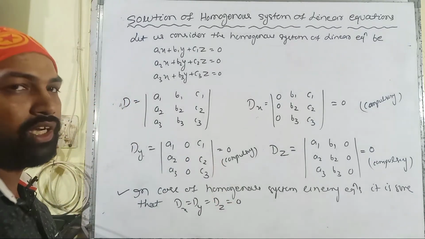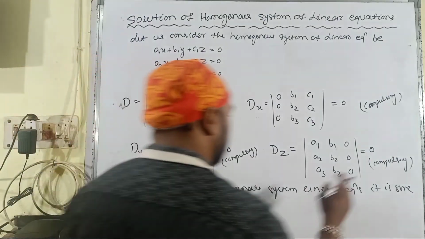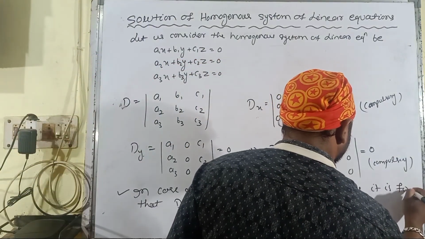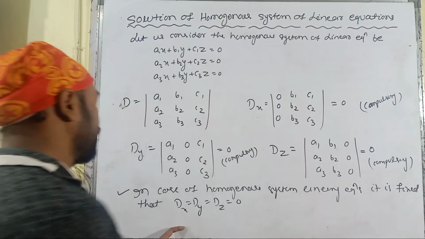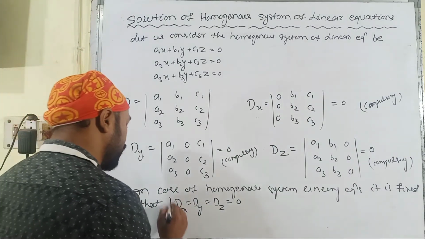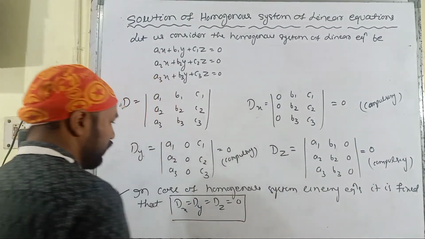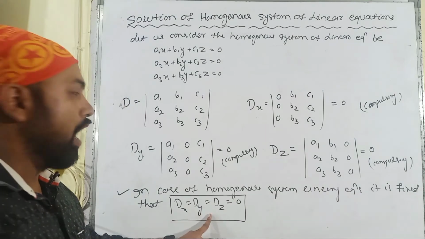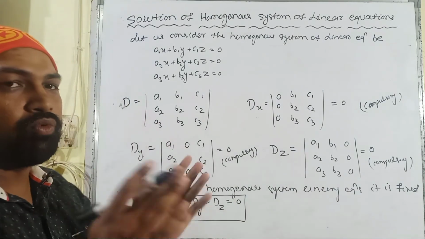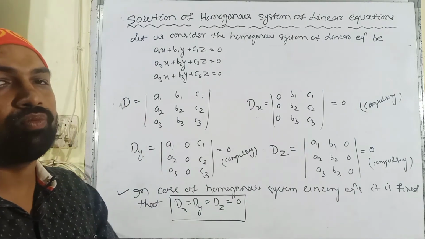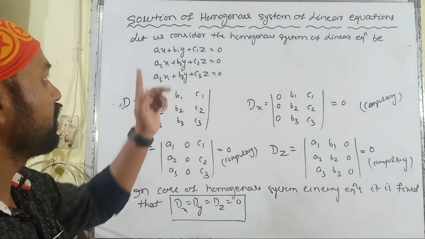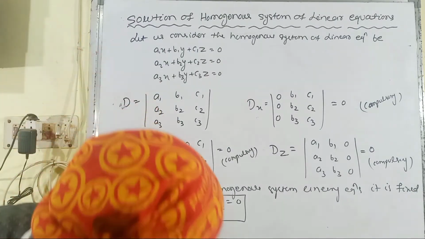It is compulsory. It is fixed that Dx, Dy and Dz are equal to 0. So considering this and the value of D, we have to make a statement here and write down the properties of a homogeneous system of linear equations.